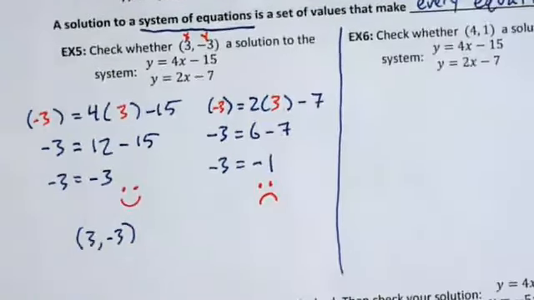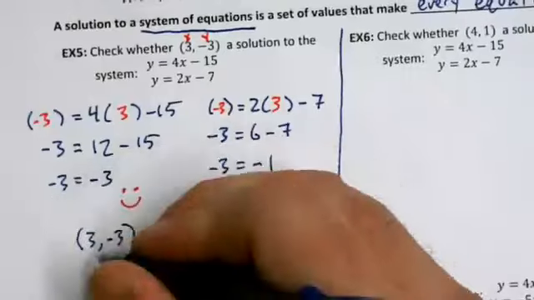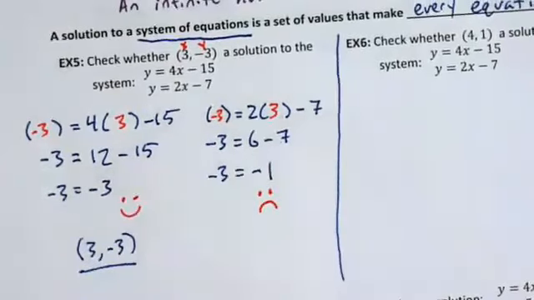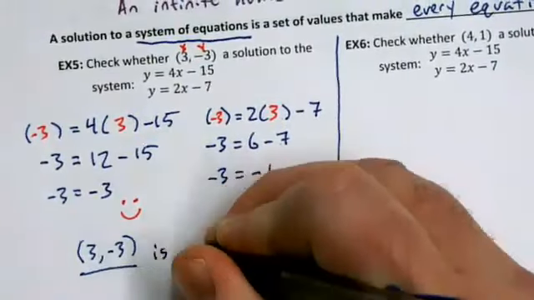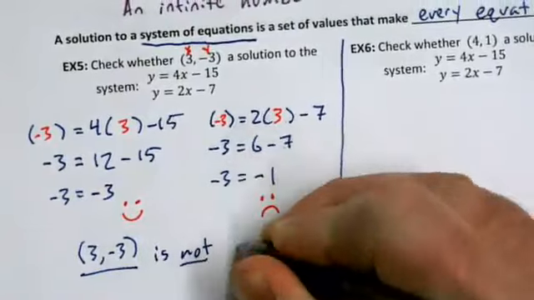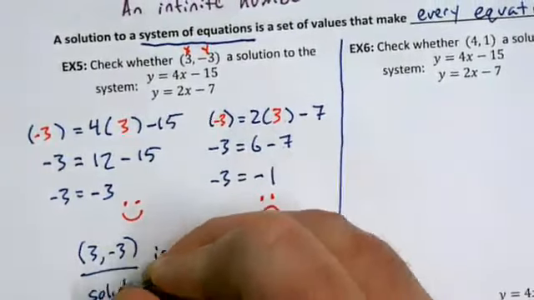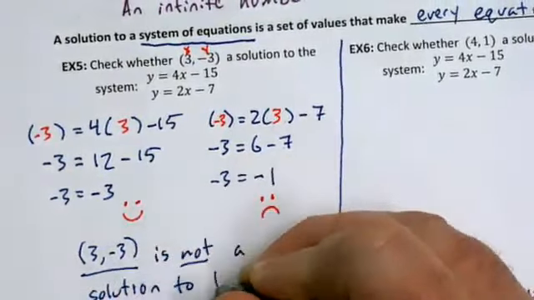What have we learned about this solution? 3, -3. Is it a solution to the system? The answer is no. Let's write that down. Is not a solution to the system.